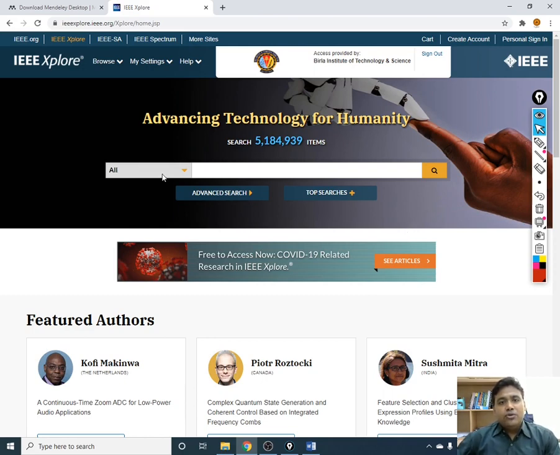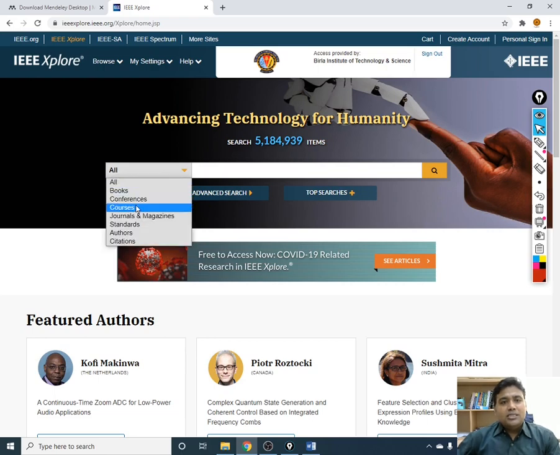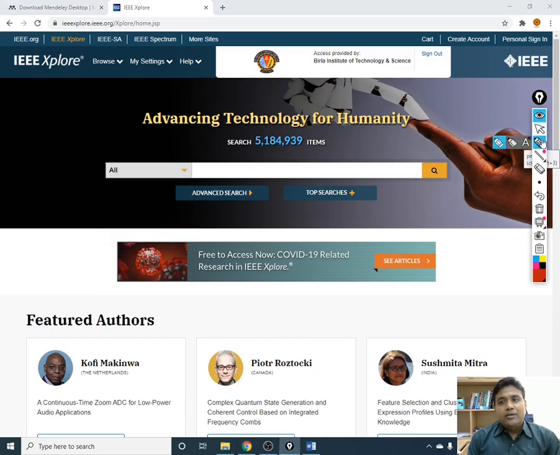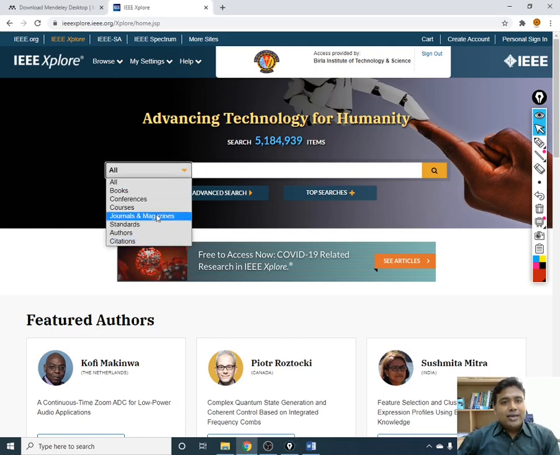The first thing you have to do is make an appropriate search. In this button where you have "All", which is one of the search fields, you select journals and magazines.